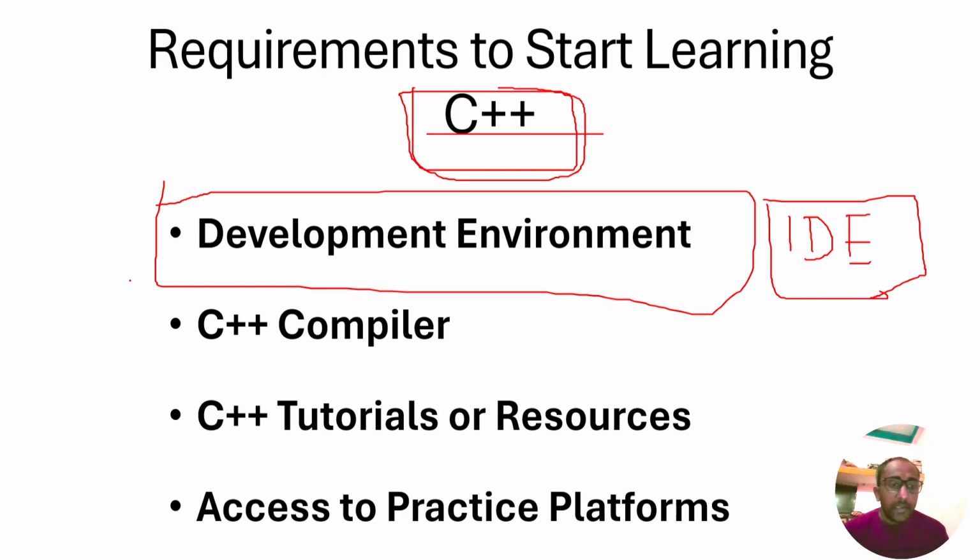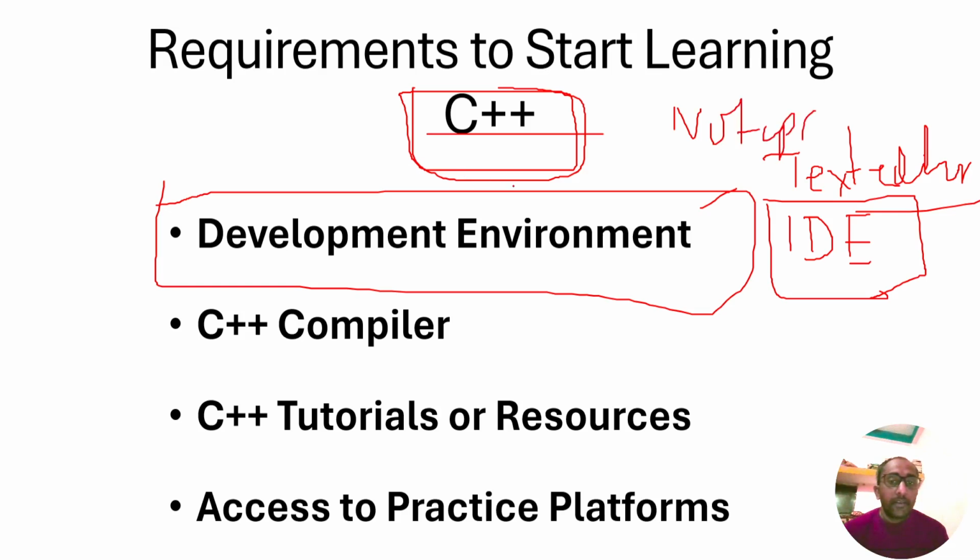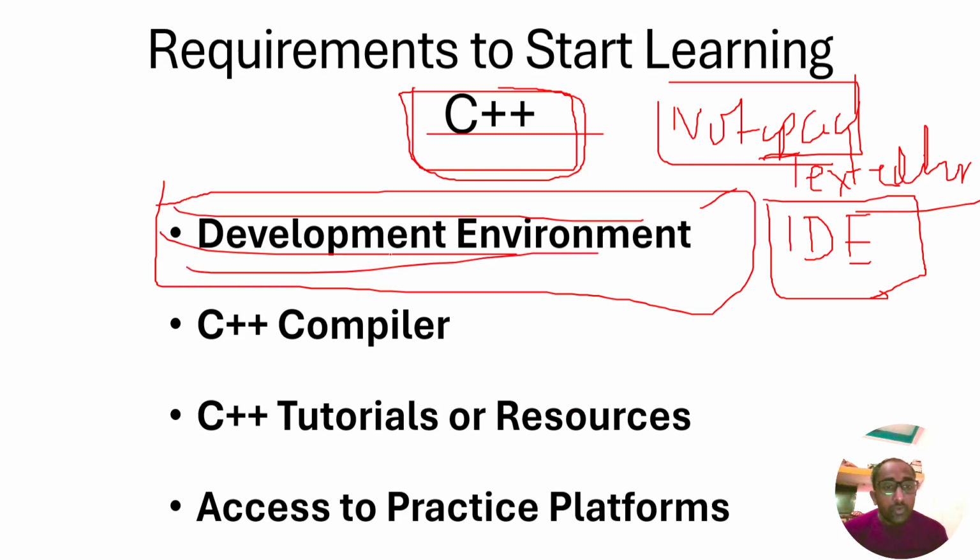It is also called a text editor, where we write our code. It's like Notepad. We can also write our code here and execute or compile it. We write code, compile our code, and execute our C programs.